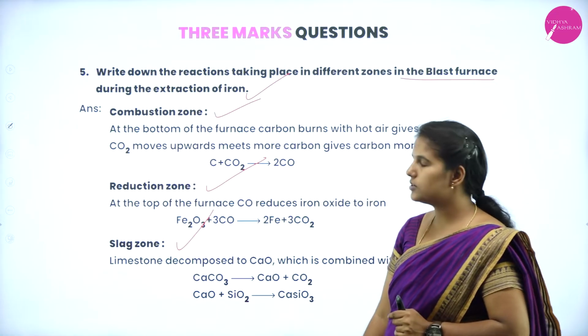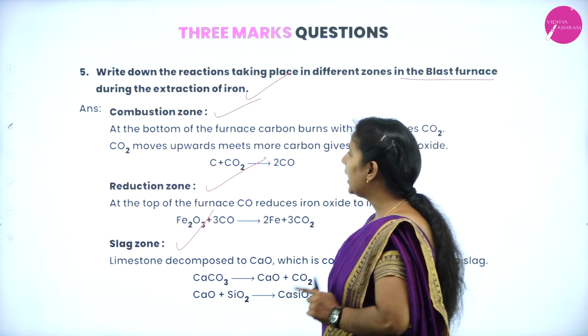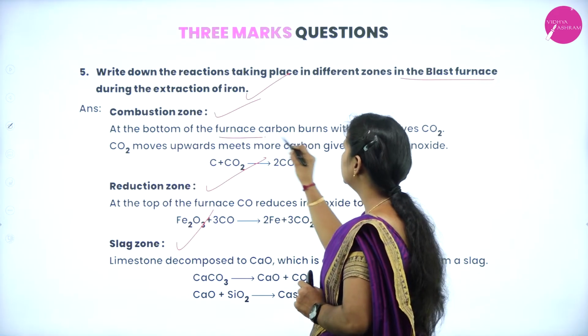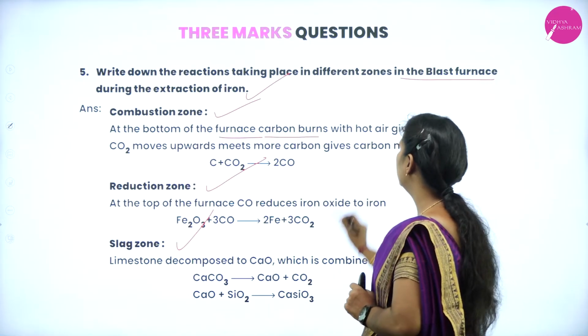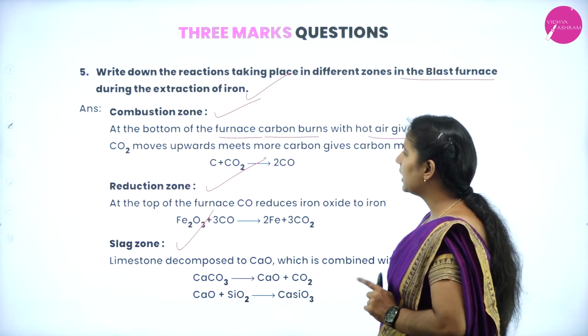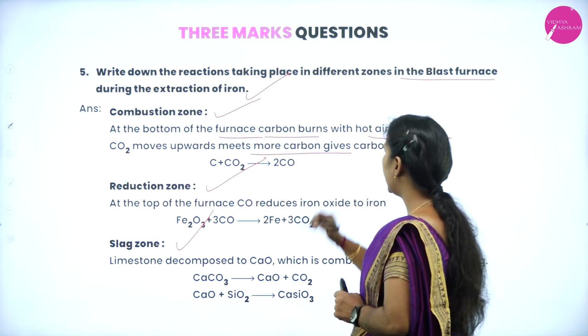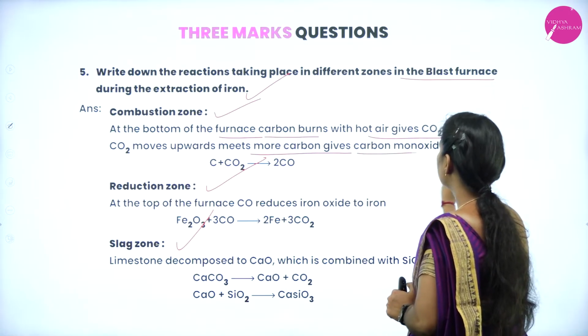We'll see the combustion zone and how the reactions take place. At the bottom of the furnace, the carbon burns with hot air to give carbon dioxide, and carbon dioxide moves upward and meets more carbon to give carbon monoxide.